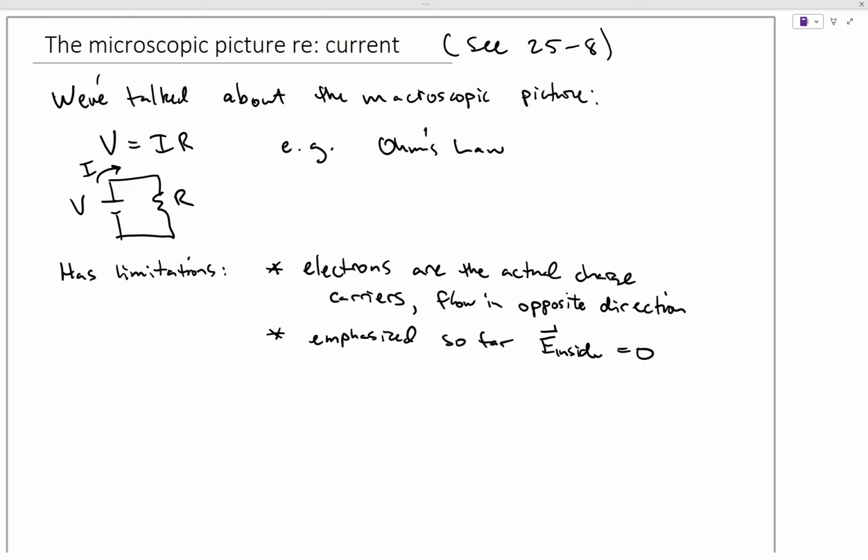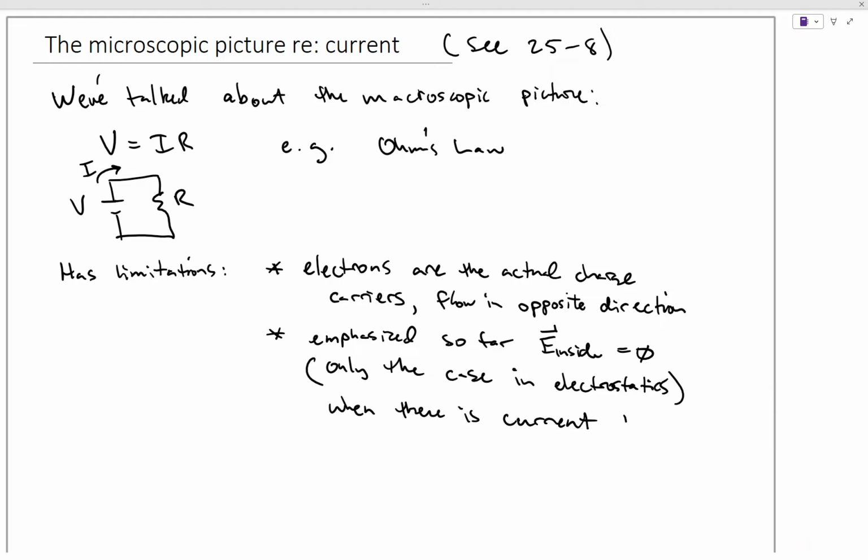Well, that is only the case in electrostatics. So in other words, once you have current, this doesn't apply. When there's current, it's not true anymore.